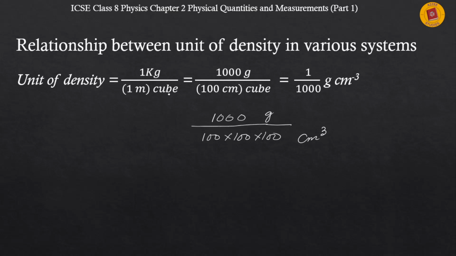We just converted from meter to centimeter, and since it's a cube, we have to multiply it 3 times. Now if we cancel out the zeros, we are left with 1000 in the denominator. So we will get 1 by 1000 grams per centimeter cube, which in standard form is 10 to the power minus 3 grams per centimeter cube.